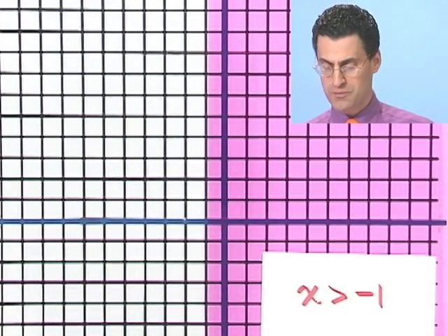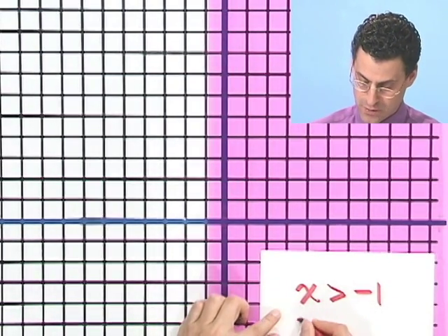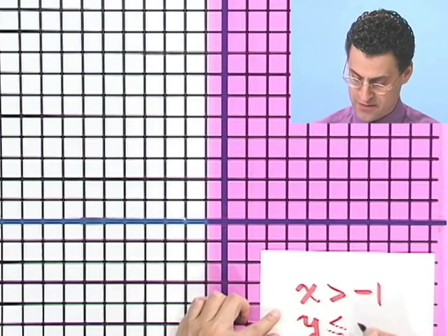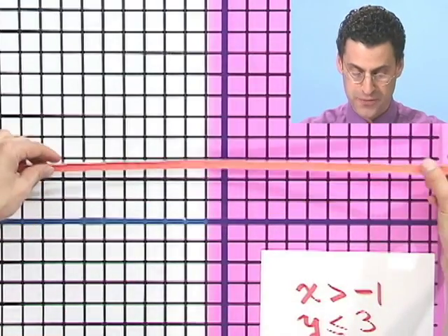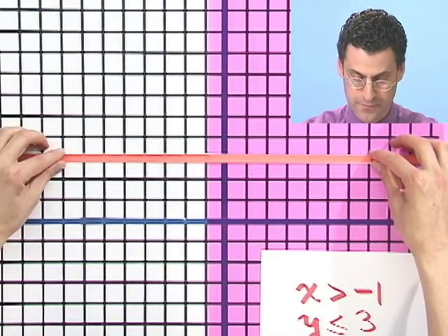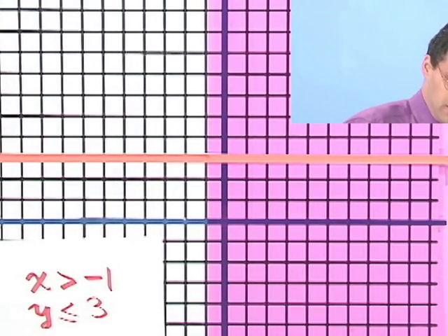What if I wanted to graph both of these things together simultaneously? So this and y is less than or equal to 3. Well, then I put those pieces together. So I put in that 3 line again. And then how did that go? Well, that went down here, if you remember.